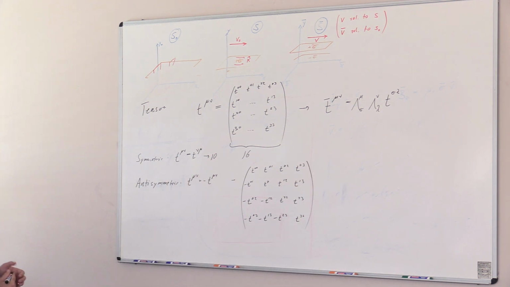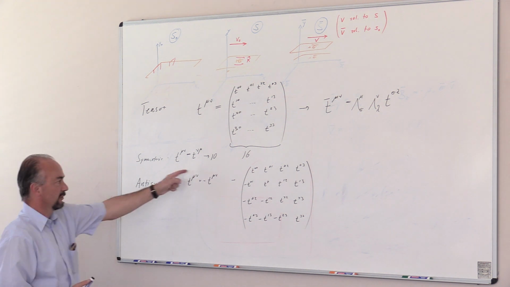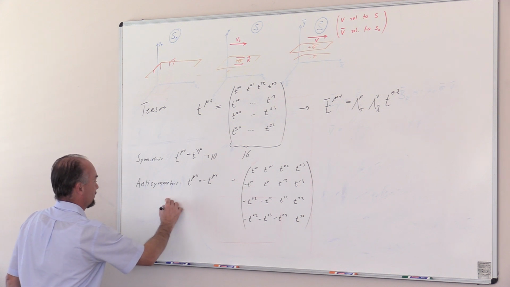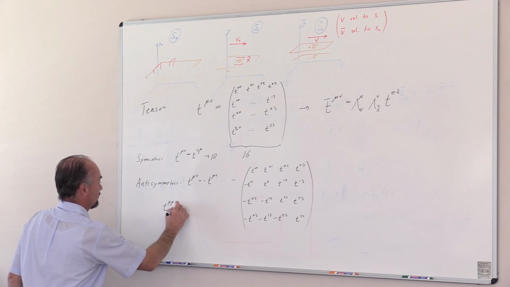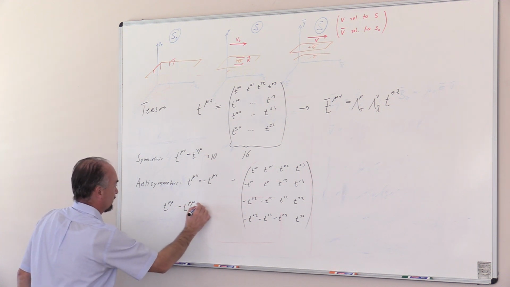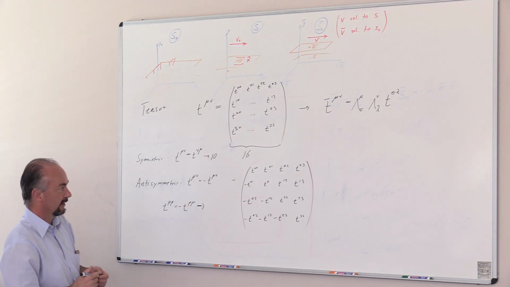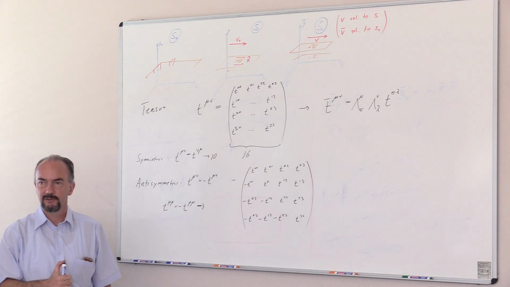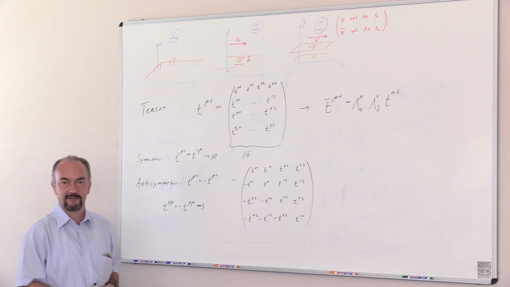Do we still have 10 free entries here, or can we say more? What if μ equals ν? Then we have T^{μμ} must be minus T^{μμ}, right? So the diagonal elements must be equal to their negative. There's only one number that can do that. What does that mean?